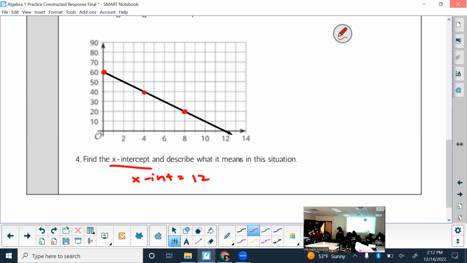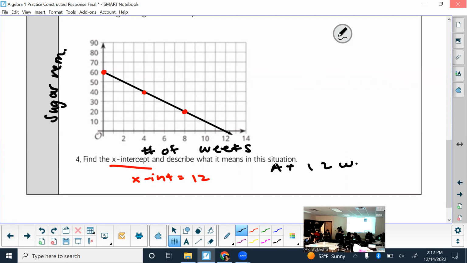Well, left. No, because label the axes. The x-axis would be number of weeks. So at 12 weeks, and then this would be the sugar remaining. So at 12 weeks, you guys are packing up really early.